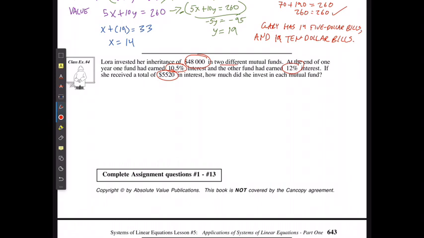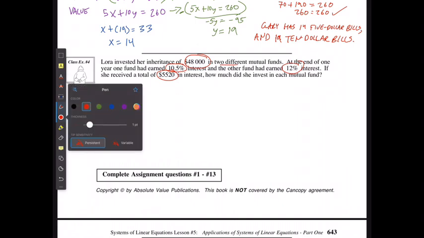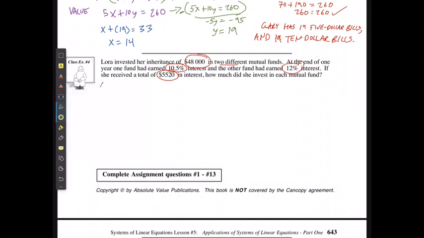This is going to work out basically the same way as our last one. The first equation that we're going to do is going to be a numbers or quantity one. The second one is going to be the value one. So the first thing I'm going to do is state that x is going to represent the dollars invested at 10.5% interest.